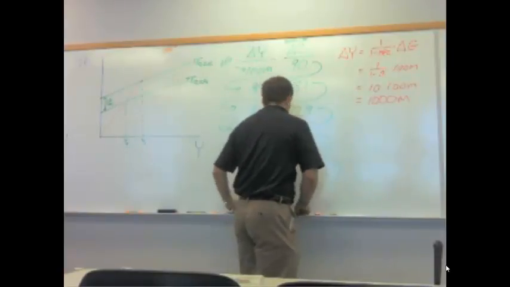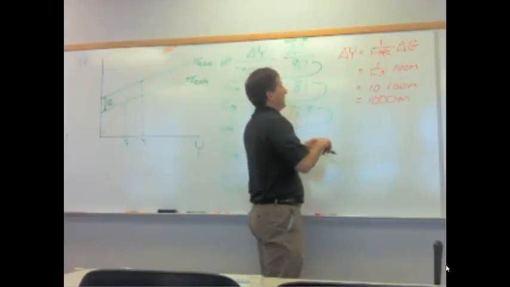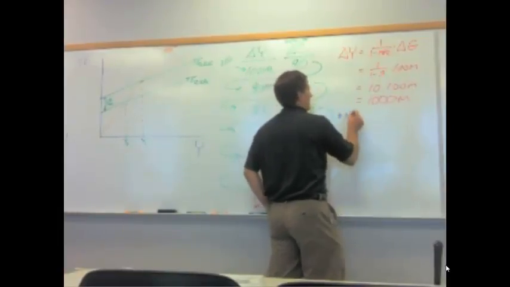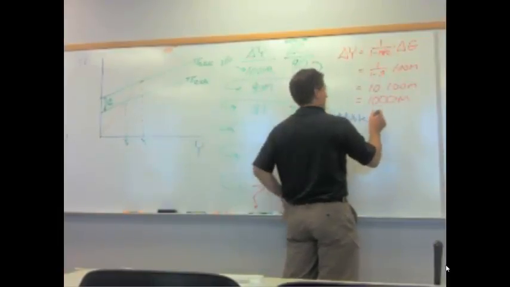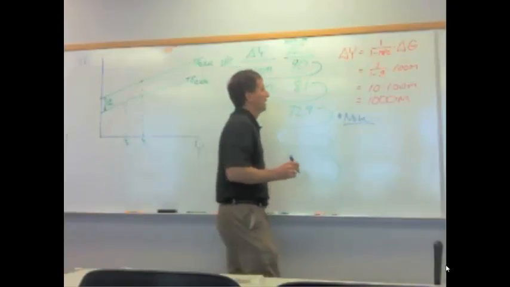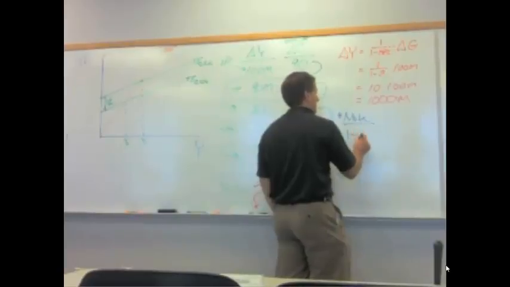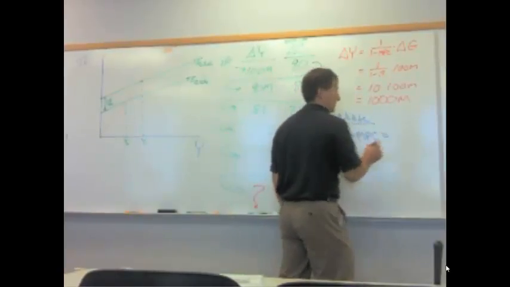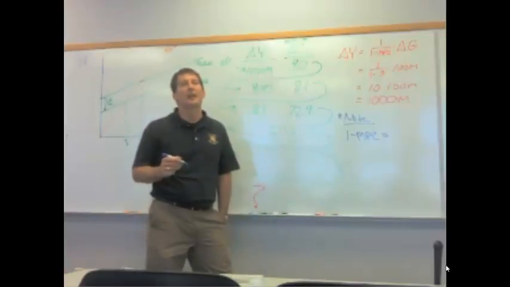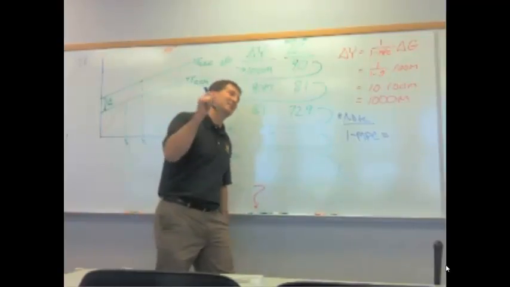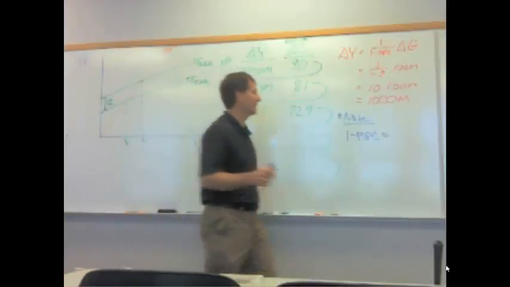So this little part here can be rewritten a little bit. 1 minus the marginal propensity to consume is also equal to the marginal propensity to save.